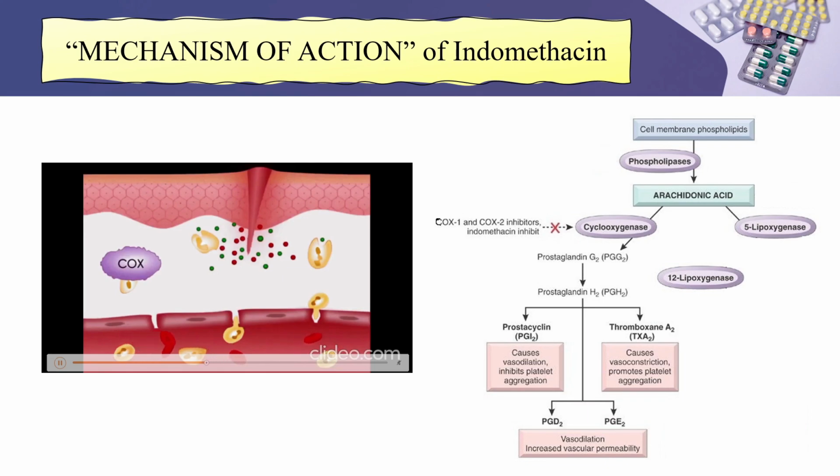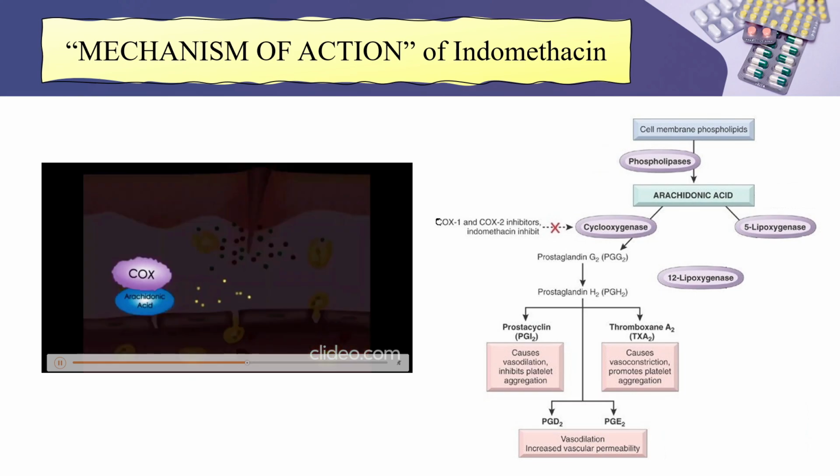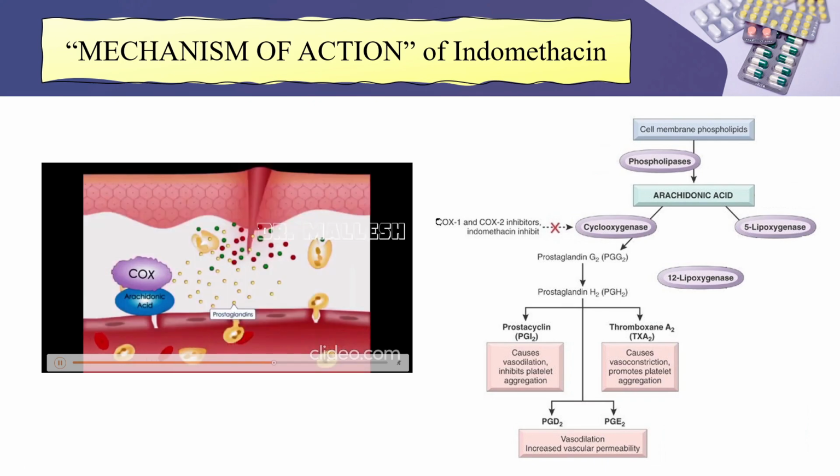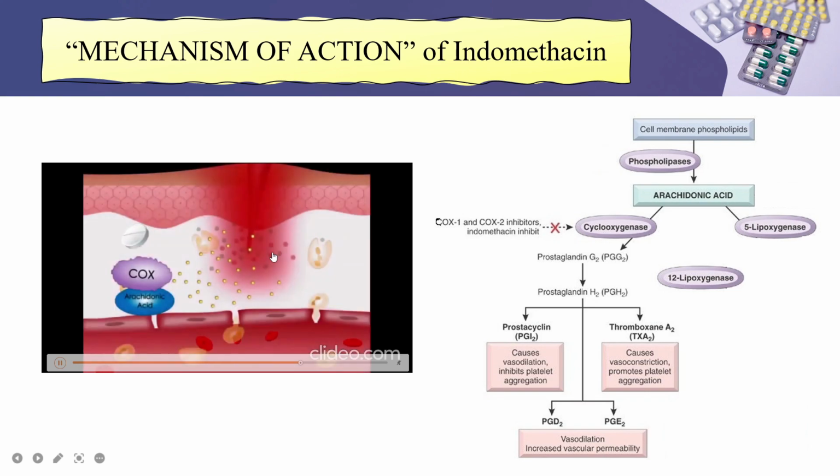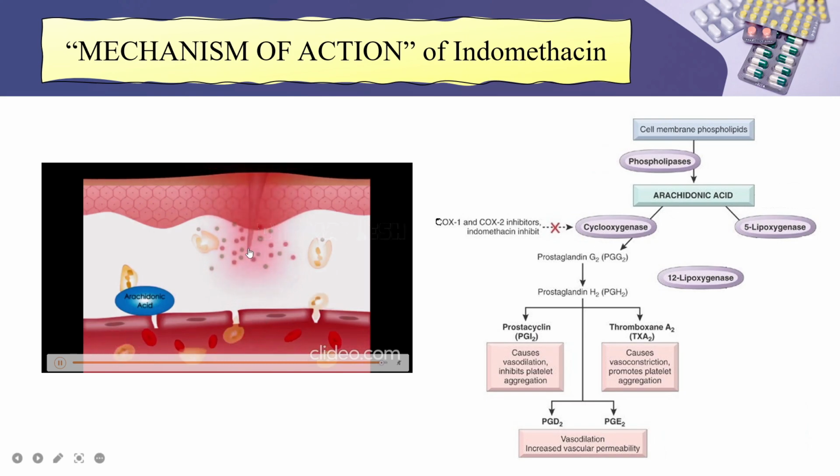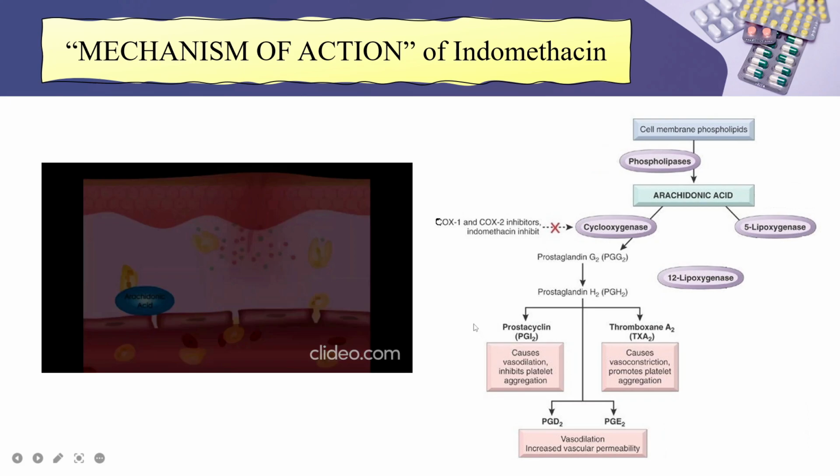The COX enzyme is also present, and during injury, when arachidonic acid activates the COX enzyme, prostaglandins are released, which leads to inflammation. Now, when we give indomethacin or any other NSAID, it inhibits the COX enzyme, thus reducing prostaglandin production, which obviously leads to an anti-inflammatory effect.